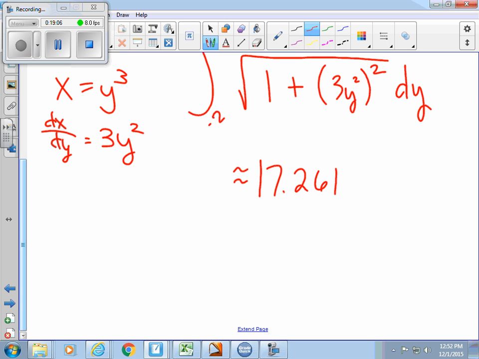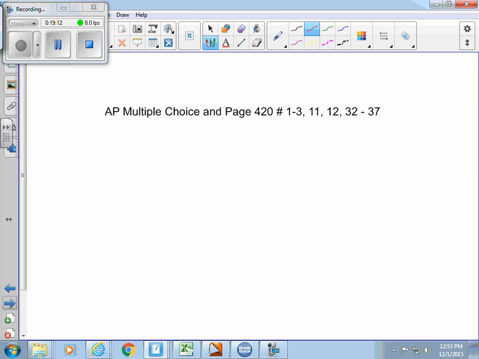Okay. Any questions about arc length? A book page, not very many on the book page. Here, it does have some volume on it. So it goes back to volume and arc length mixed together.